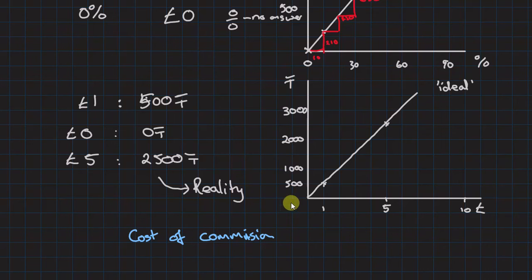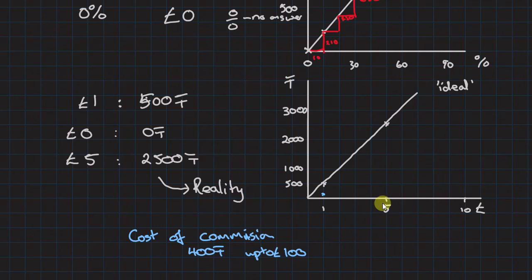If it's as a percentage, we would wind up still with a proportion. But often the cost of commission has a fixed amount, and they would say things like, it costs you 400 tenge to exchange the money up to £100. And what this does is, if I try exchanging £1, they're only going to give me 100 tenge.